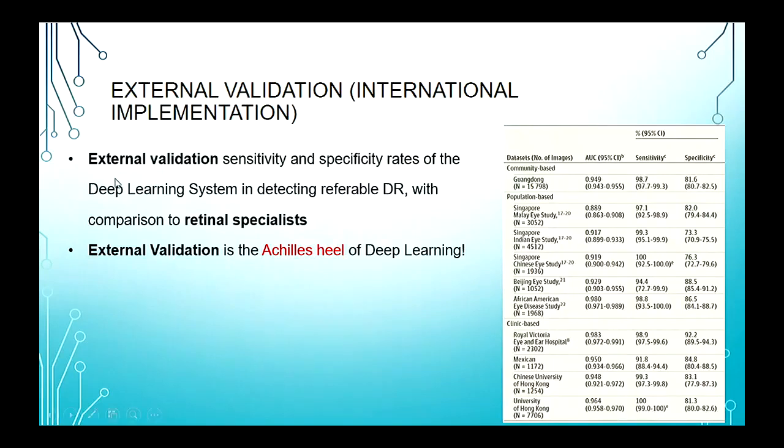The external validation is the Achilles heel of deep learning. Again, people throw these numbers around very easily. Don't let them impress you, because it's quite difficult to get a network to work all around the world. It's easy to do it in a small study.